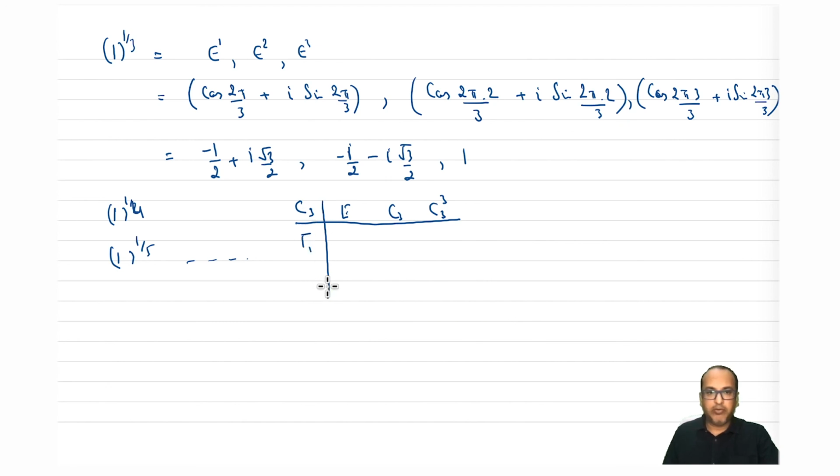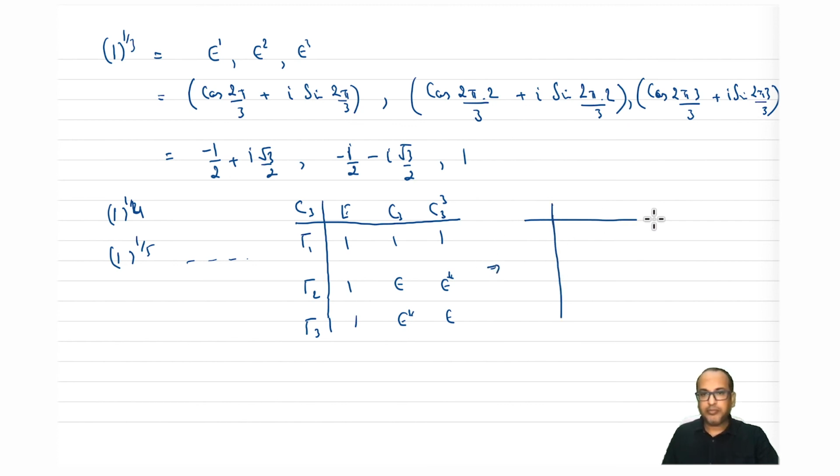So you should have tau 1, tau 2, tau 3 of this, right? So you can say that this will be 1, 1, 1, this will be 1, epsilon, epsilon star, and this will be 1, epsilon star, epsilon, right? So now, and then if we combine this, you can easily write it. Why did I do that?